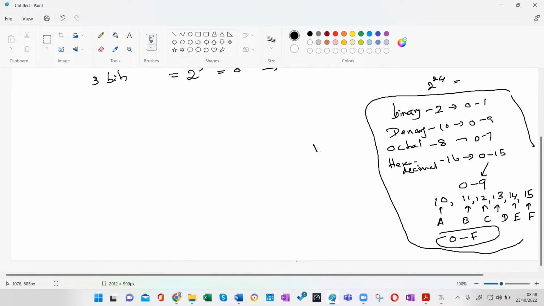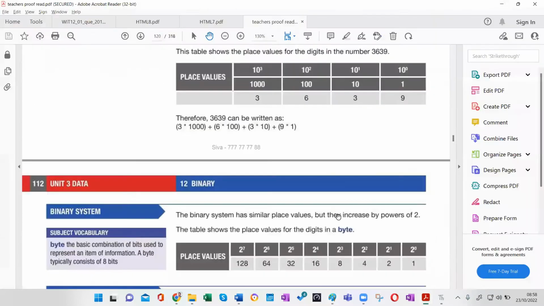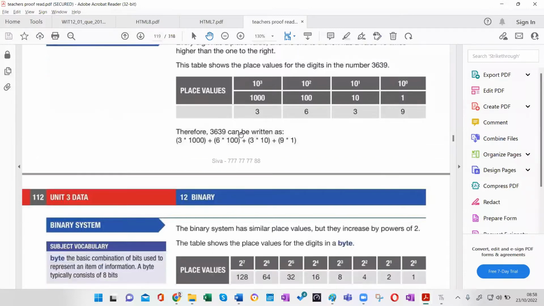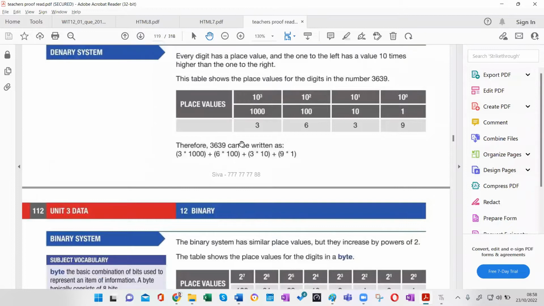These are number systems. All right, so having that in mind, let's take binary and denary a little forward. If you take denary, you have learned this in lower grades also. When you take a number like 3639, there's something called place value, right?